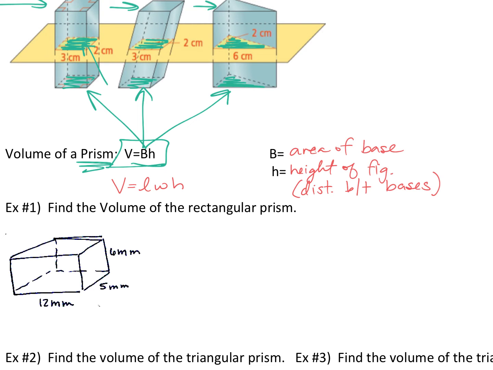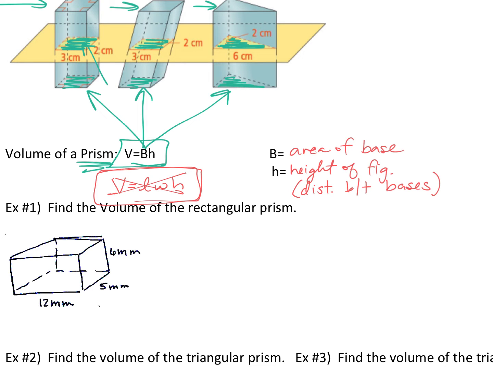Because length times width would find you the area of the base times the height. Now, that only works in a rectangular prism, so that's why we don't use that formula all the time, because you'll see other prisms. You'll see a triangular prism. You'll see pentagonal prisms, hexagonal prisms, right? It doesn't work for those. So if you ever learned length times width times height for volume, that's fine. It only works with a rectangular prism, okay?